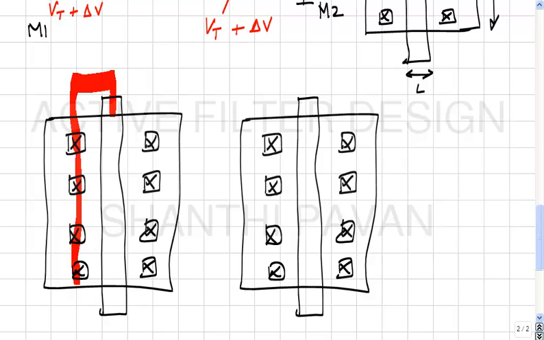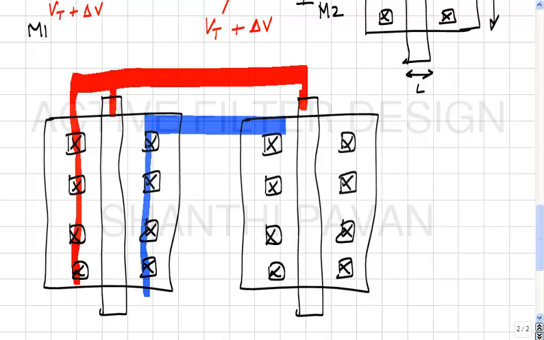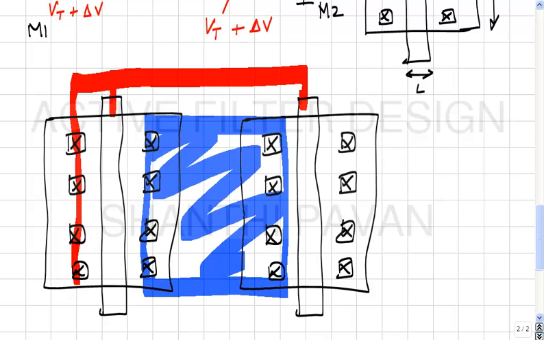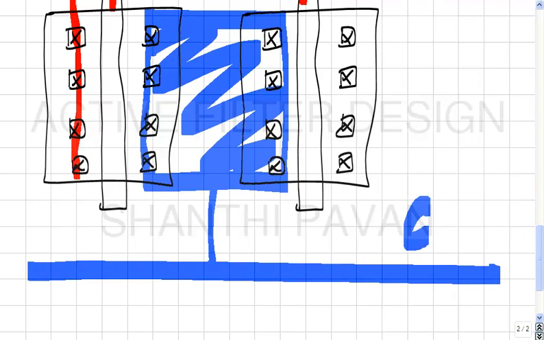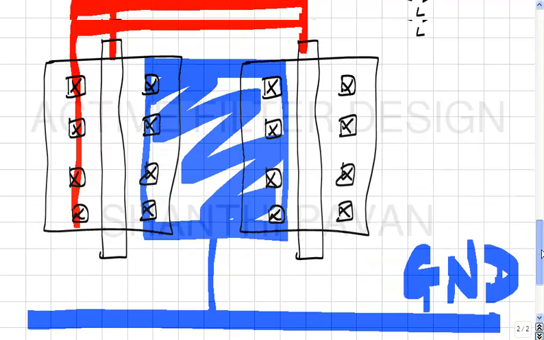Transistor M2's gate is connected to the gate of transistor M1. Yes, no, yes, okay. And the sources of both the transistors are common and connected to ground. So perhaps, okay, this is a reasonable way of doing this.